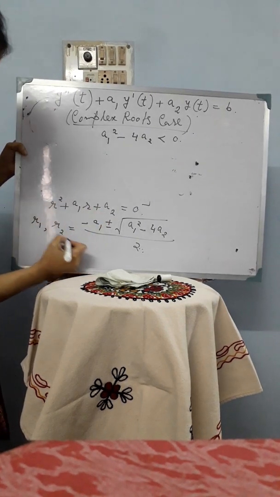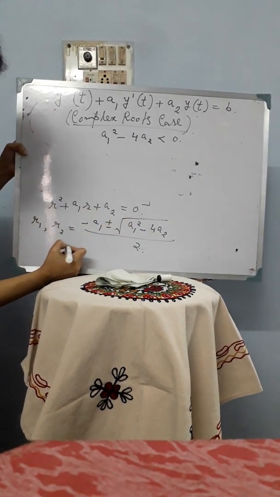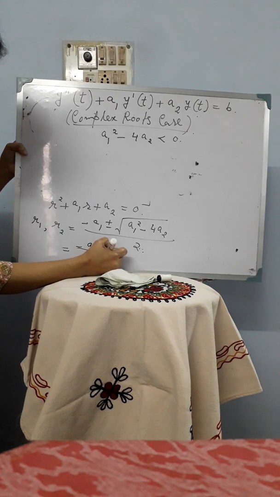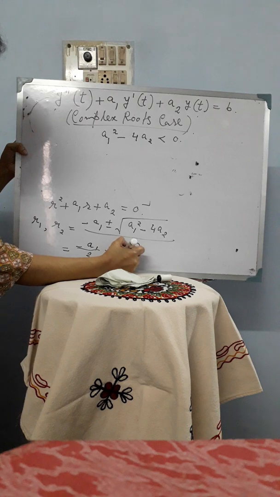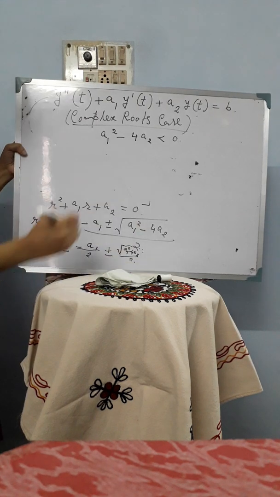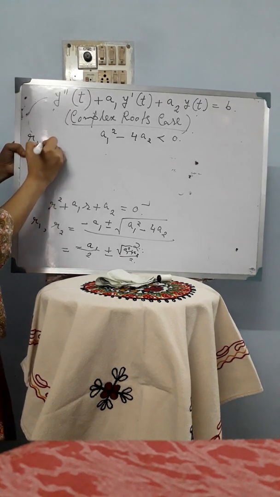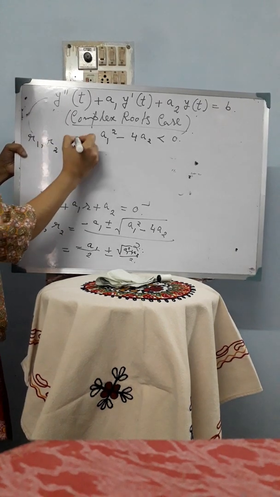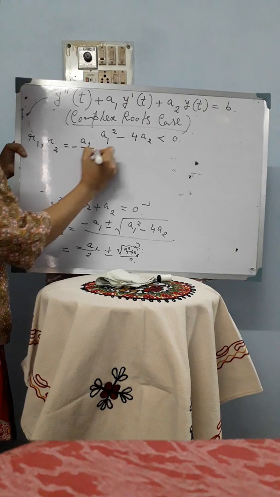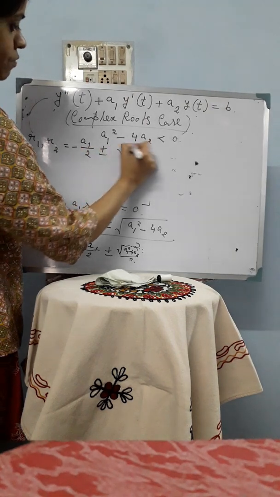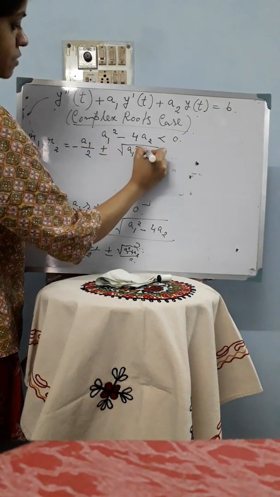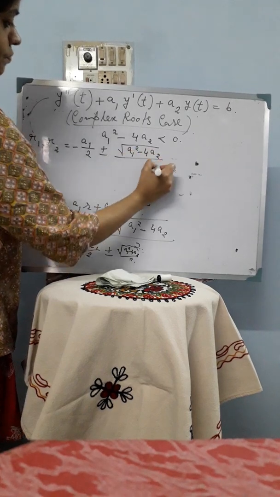Now if the roots are complex, then we can write r1, r2 = -a1/2 ± √(a1² - 4a2)/2.